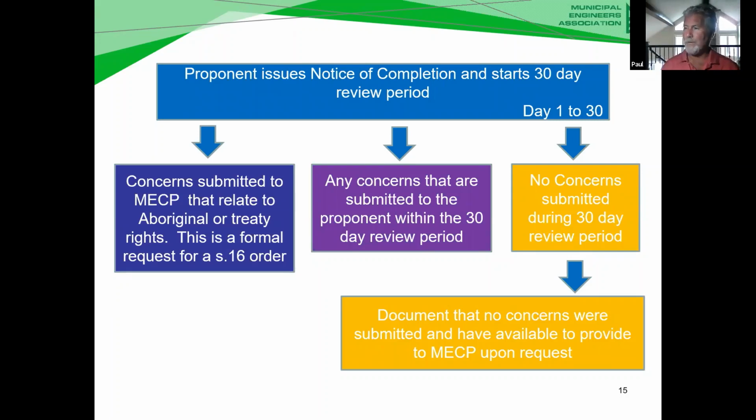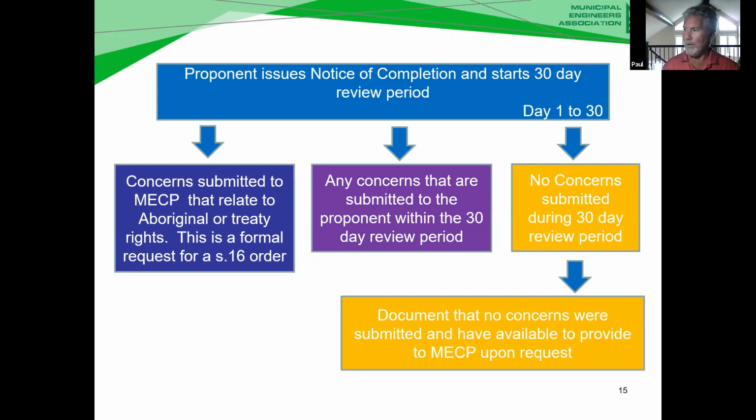So then what? So we've issued the day 1 to 30. You have the notice of completion issued. You've put in your 30 days, and hopefully you didn't get any section 16 orders. If you got any concerns submitted to the proponent, you developed your response and responded.